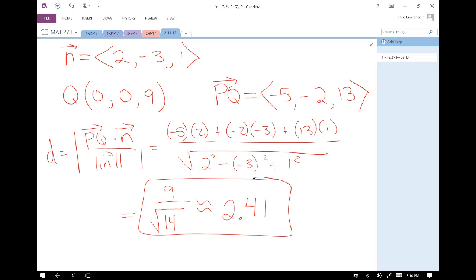So distance is a scalar. And what would it be asking if we were to pop up another vector? If we were to find another vector, what do you mean? Like if we were to do just a projection, instead of a scalar projection, and then multiply by the normal vector.